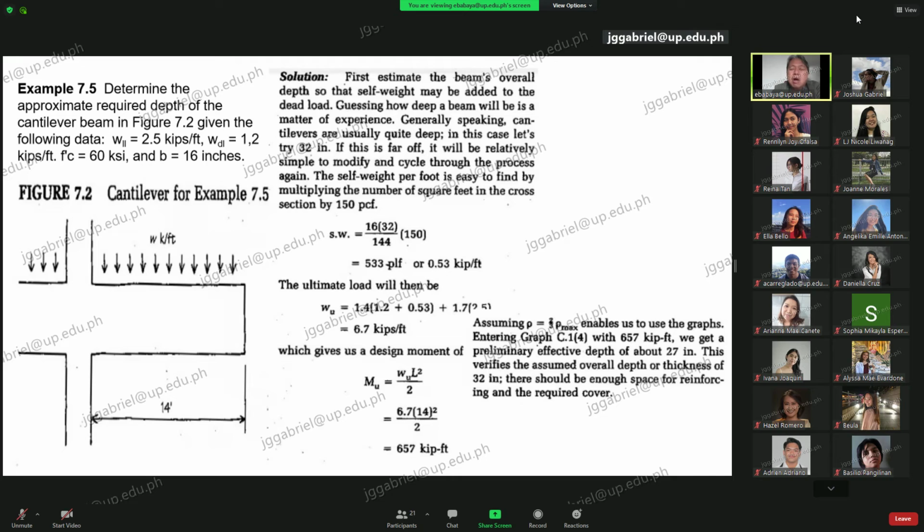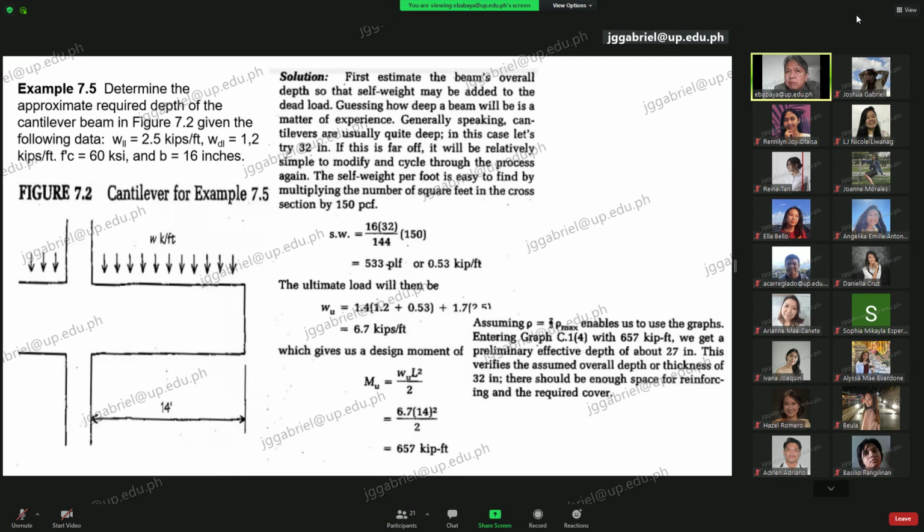1 inch is how many centimeters? 2.54, di ba? And then if you convert 2.54 centimeter to millimeter, that's 25.4.